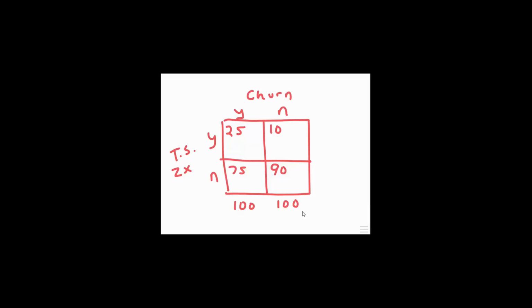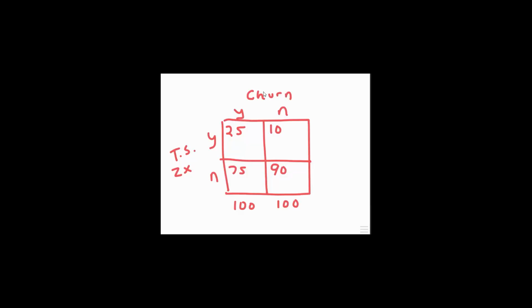And then of those who didn't churn, there were 100 of those. I looked at those, and 10 of those had sought technical service last year. Of course, just by subtraction here, if 25 churned out of this group, 75 didn't, and if 10 were here, and 100 here, that's got to be 90.